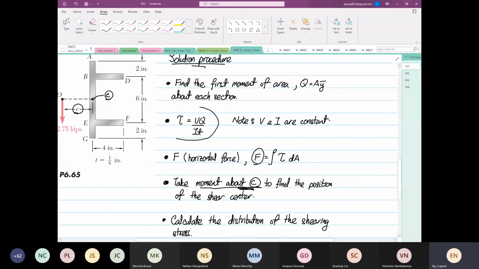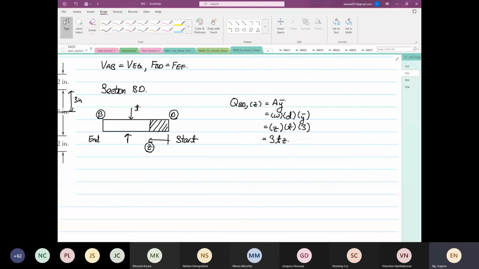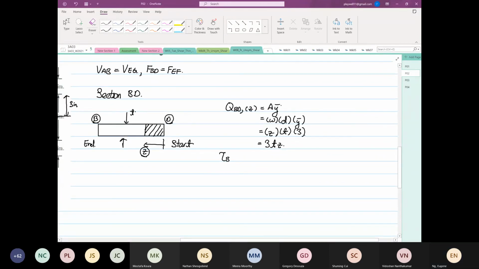We know the shear stress along BD as a function of Z is equal to V over I, which is constant everywhere, divided by T, thickness is also constant, multiplied by 3TZ.